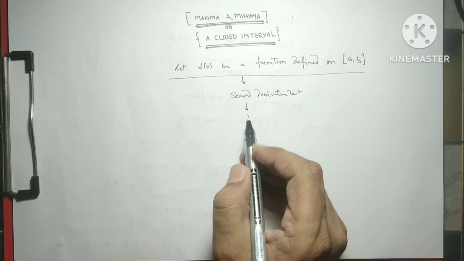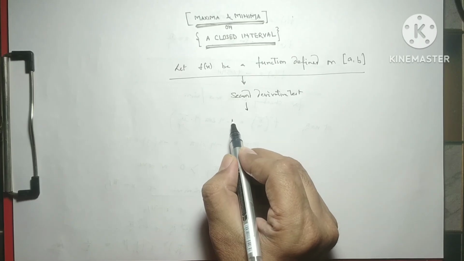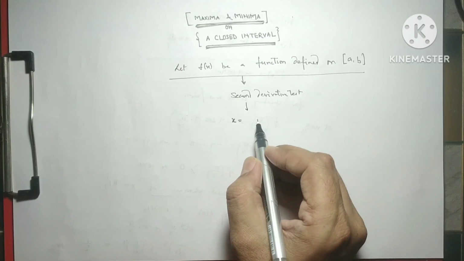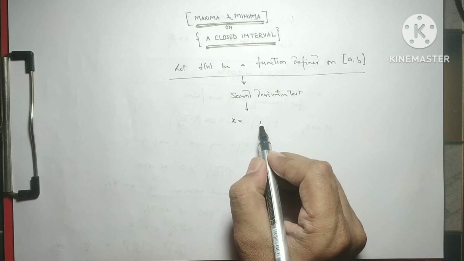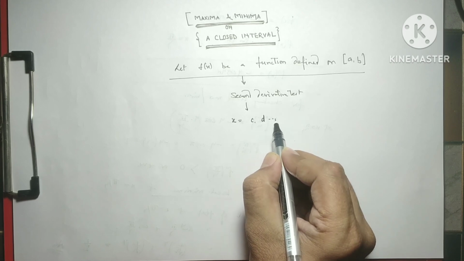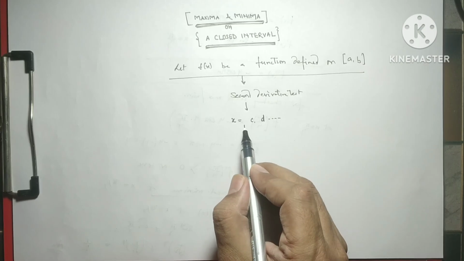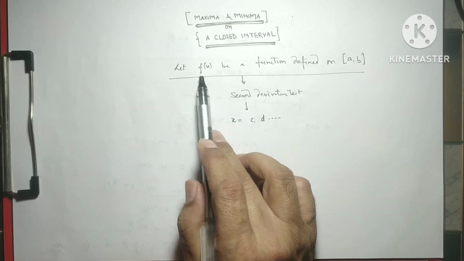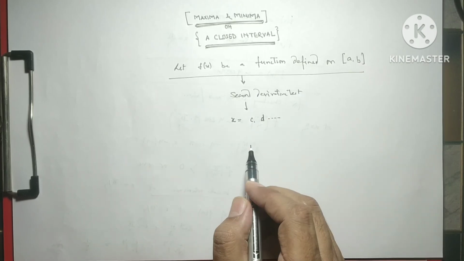and we get a few values of x at which we get maximum and minimum values of function according to second derivative.